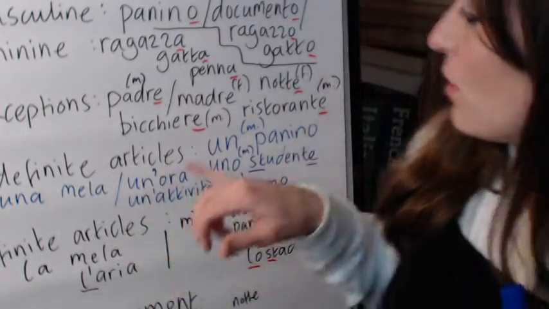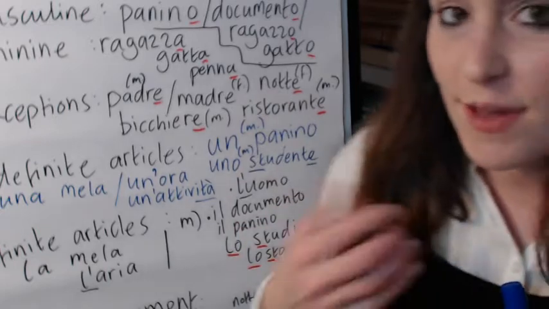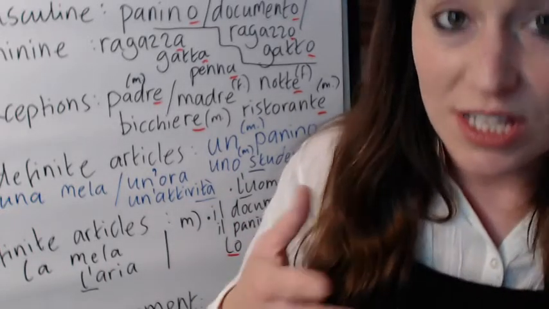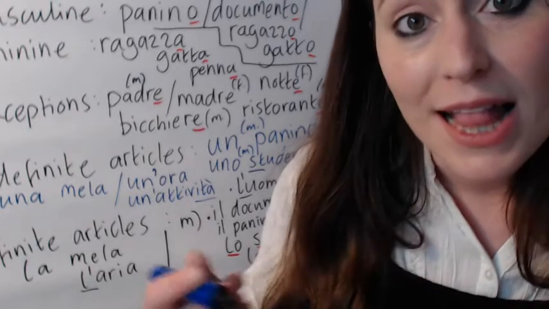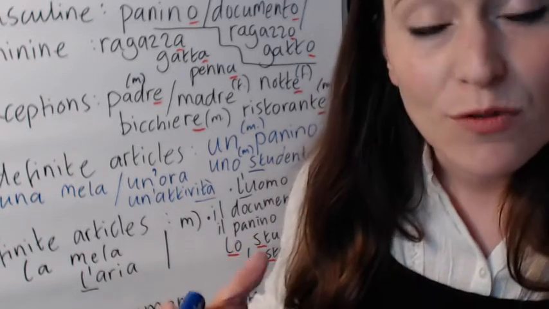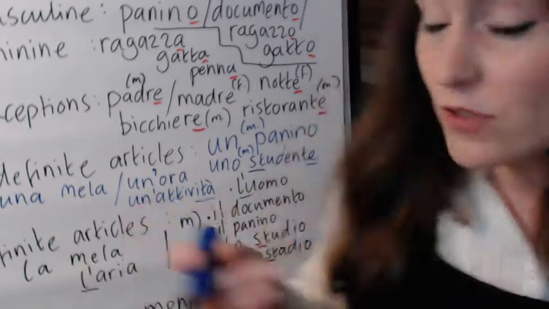So I mentioned that notte was a feminine noun. So when you think of that song, bella notte, the adjective bella is its feminine form. It means beautiful, okay, or wonderful, lovely.